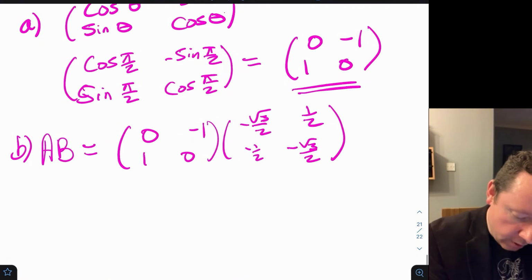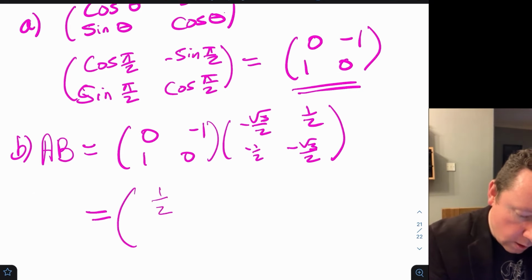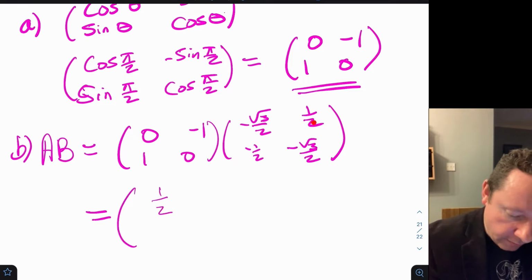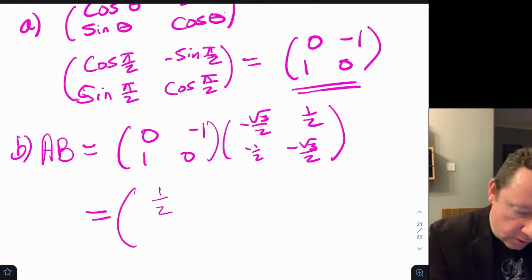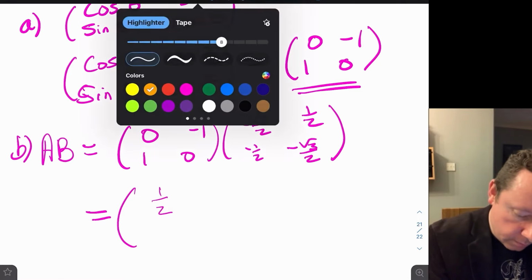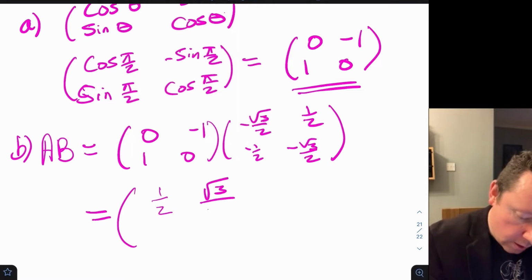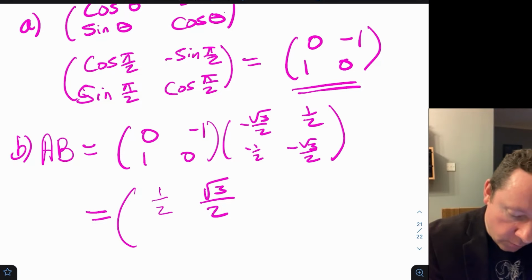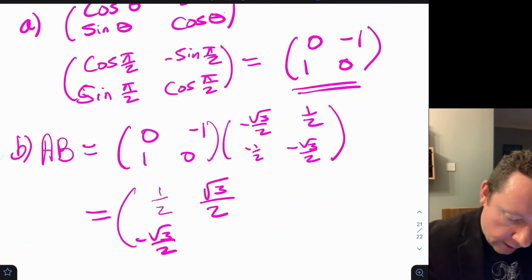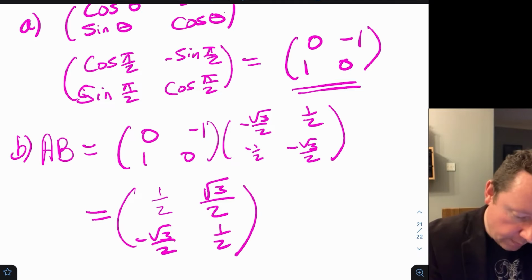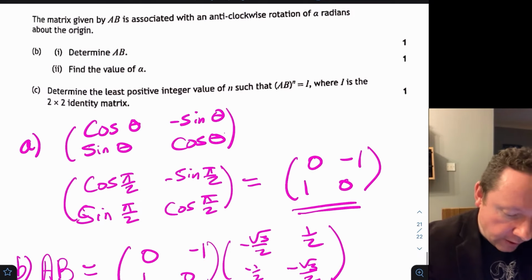Multiplying them together, we've got 0 times that minus 1 times that is a half. 0 times a half is 0, minus 1 times this is root 3 over 2. 1 times minus root 3 over 2 plus 0 is minus root 3 over 2. And 1 times a half is a half, and 0 is a half. So there's AB. It then says, find the value of alpha.